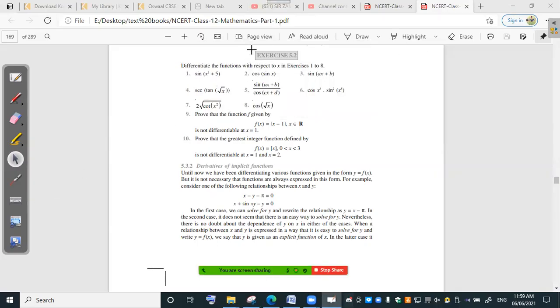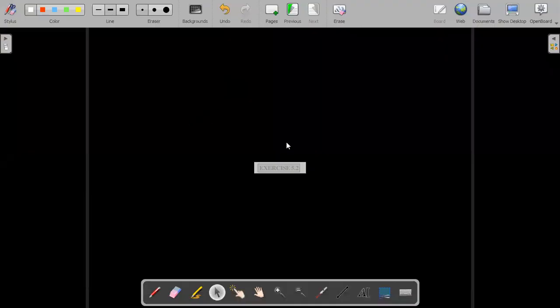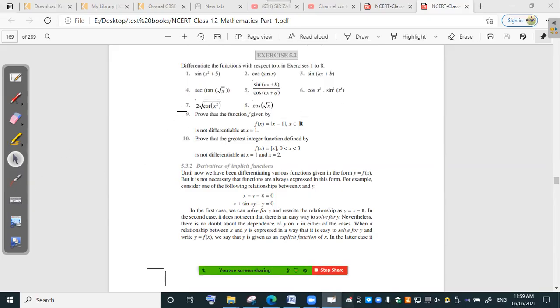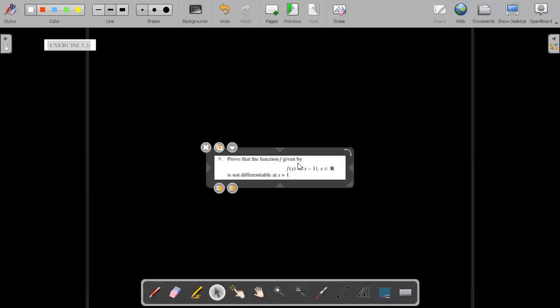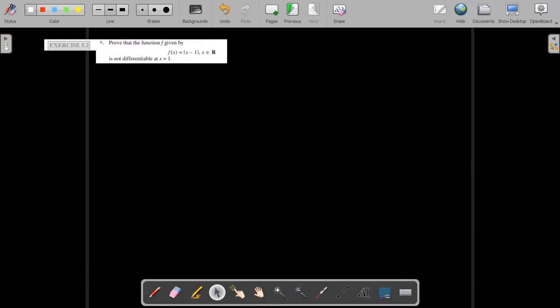Okay, so 5.2, question number 9. Prove that the function is not differentiable at modulus of x minus 1.